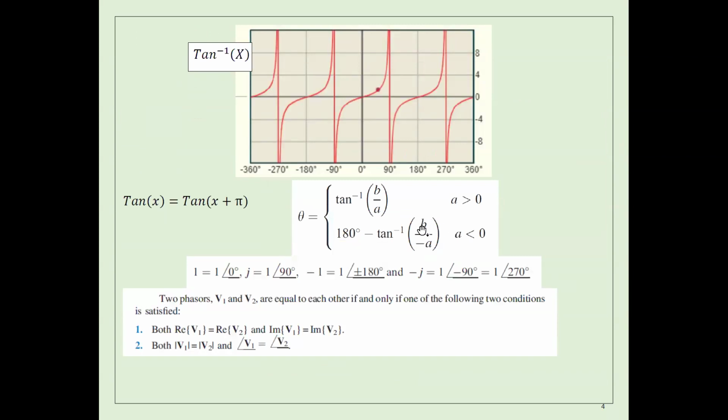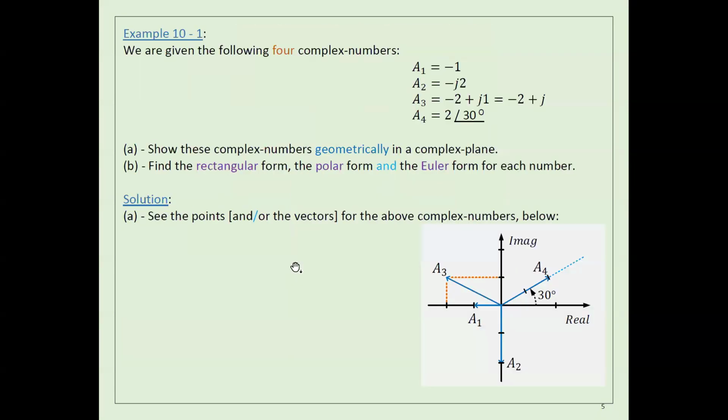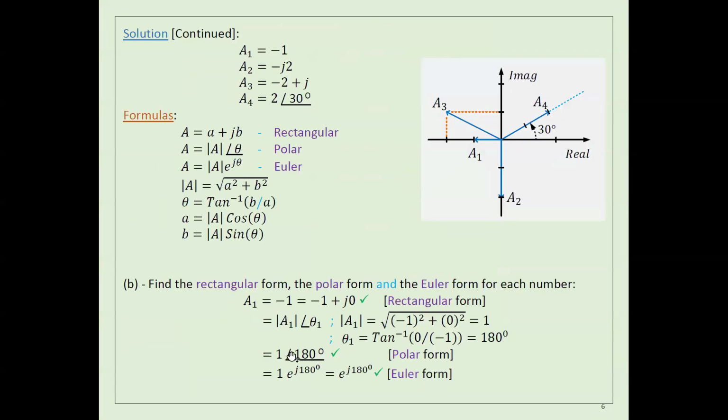So if this one is 0 but this one is negative 1, I'm going to make it positive 1, and now tan inverse of 0 is actually 0, and the result will be 180. Once you have the magnitude and the angle, you can write it in the polar form this way. You can also write it in polar form this way.